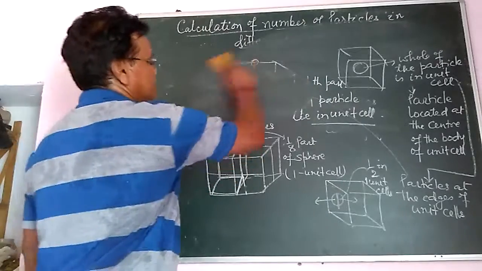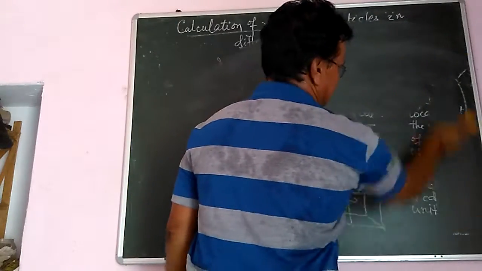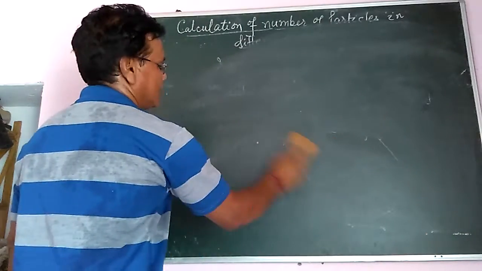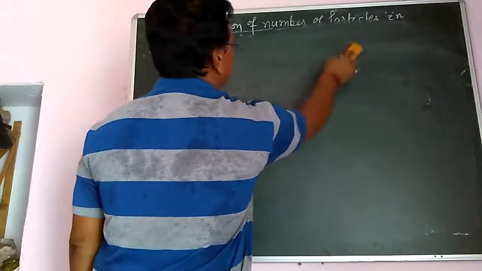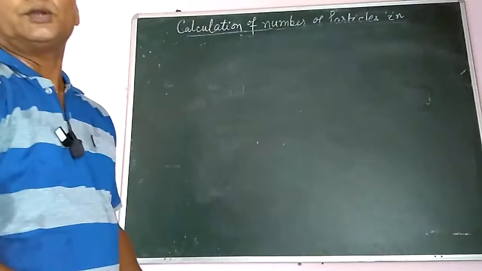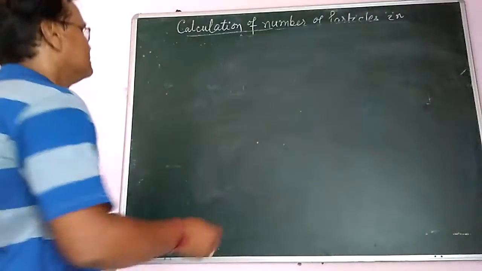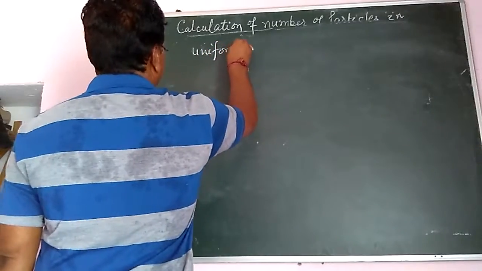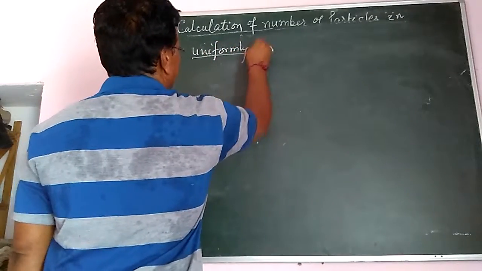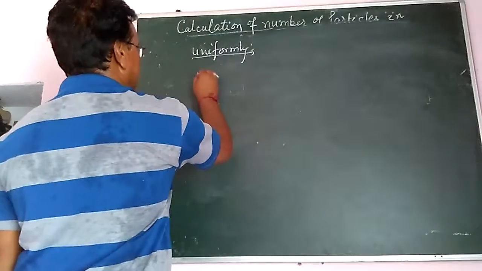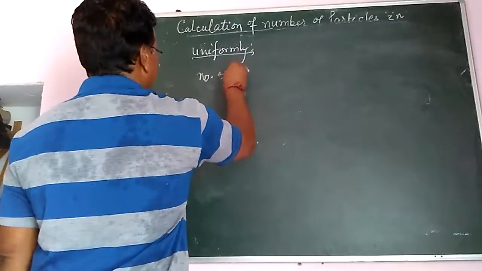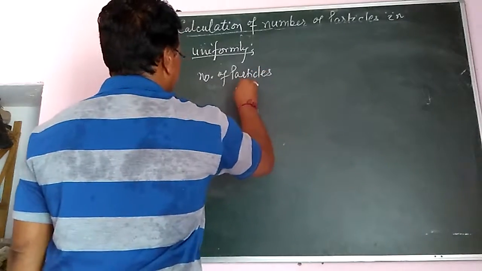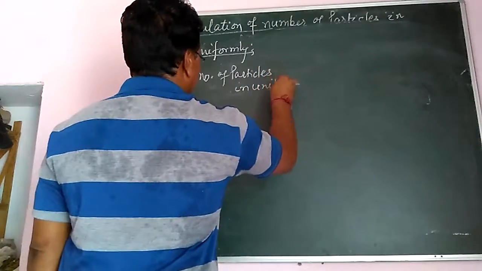Now see here, in a simple way, if you have to find the number of particles in different unit cells, we can calculate the number of particles in a unit cell uniformly.